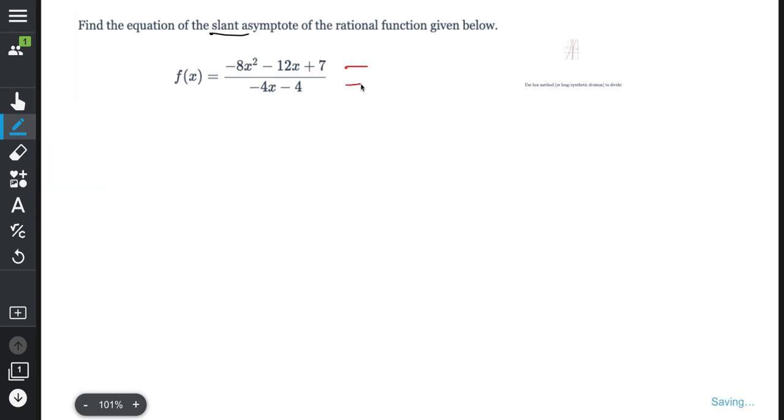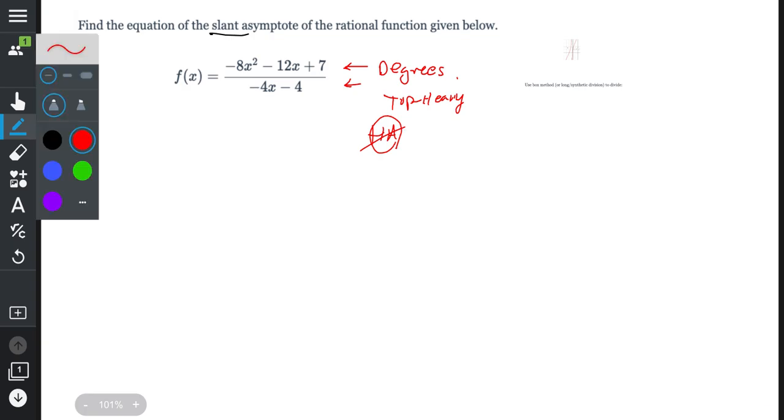And to do that, you've got to compare the degrees of the top and the bottom. And when it's top heavy, meaning the degree on top is greater, you do not have a horizontal asymptote, but you may have a slant.